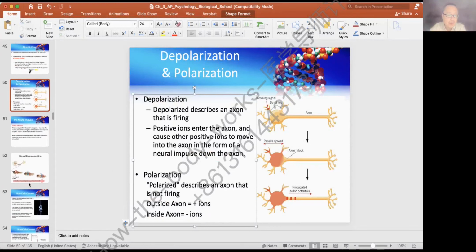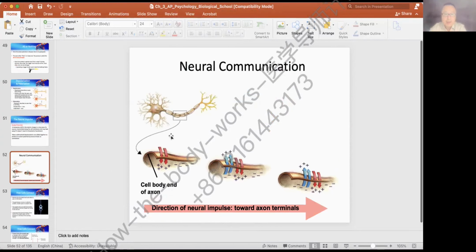In this picture we can see the neural communication. This arrow means the sodium ions get into the neuron, and this one means the sodium will get out of the nerve cell.